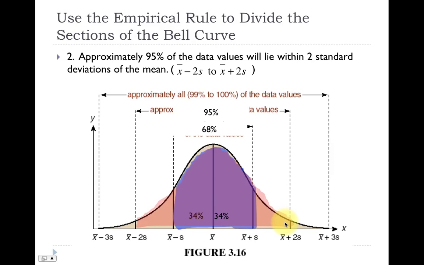You can figure it out if you take 95 minus 68 and then divide that number by 2. You get this area here and this area here. So 95 minus 68 gives you 27%. Dividing it by 2, 13.5 on the left side and 13.5 on the right side. So if we add up 13.5, 34, 34, and 13.5, we'll get 95%.